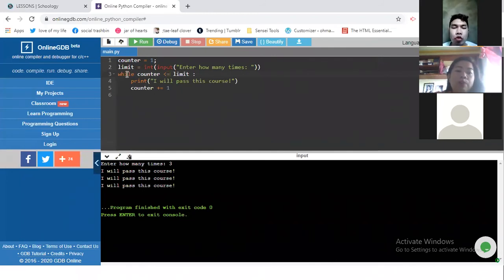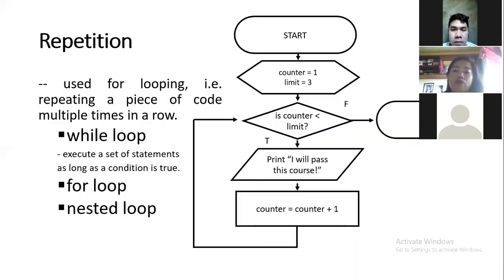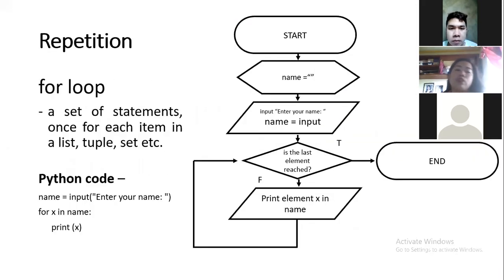That's while loop. And then, we have for loop. Sa for loop, similar lang din siya ng behavior with while. It is used to repeat a block of code, pero mas preferred ang for loop kapag you have a set, like a list, tuple, or a set. Tapos, uulitin lang niya yung members dun sa set na yon.